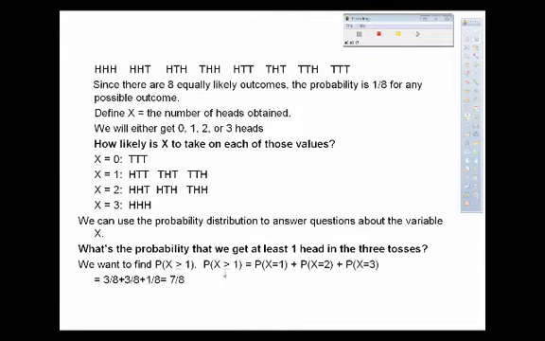So that would be the probability X equals 1 plus the probability that X equals 2 plus the probability that X equals 3, which is 3/8 plus 3/8 plus 1/8, or 7/8. So the probability that we would get at least 1 head is 7/8.